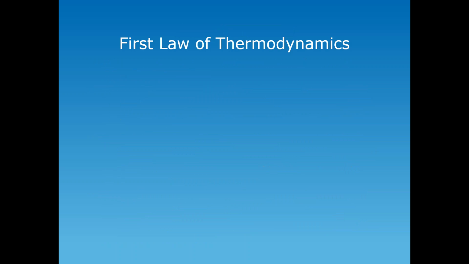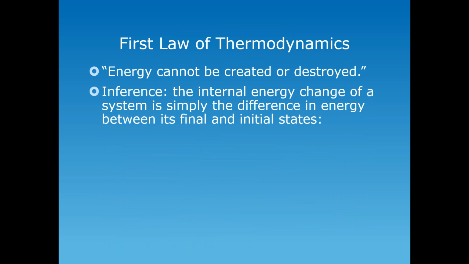So based on that law, we can come to certain conclusions, right? The fundamental assumption of this law is that energy cannot be created or destroyed. And the inference that we can come to based on that statement is that the change in internal energy of a system is simply the difference between the energy of its final and initial state. So mathematically, we can express that idea using this equation.